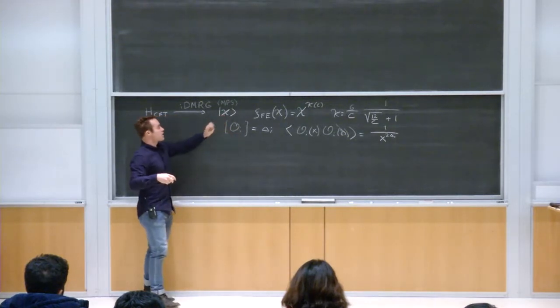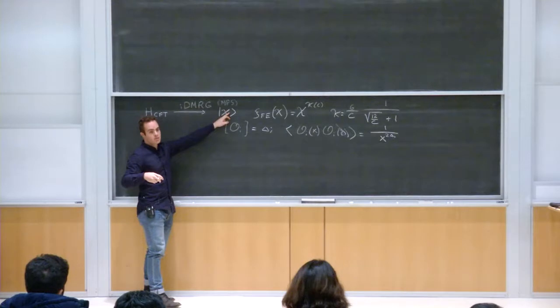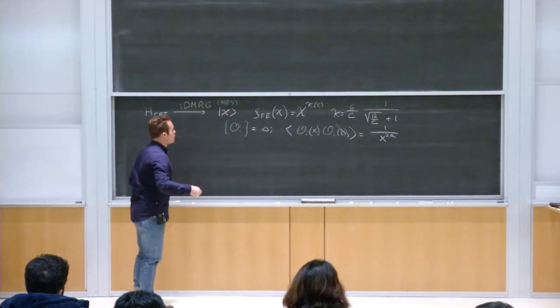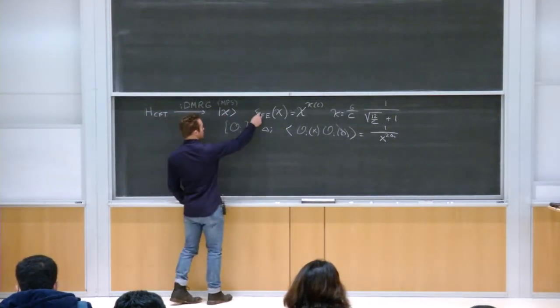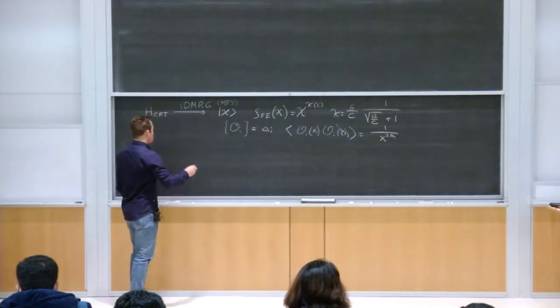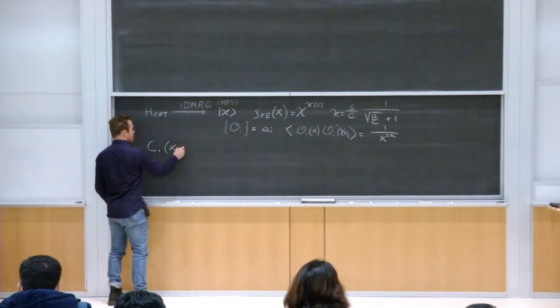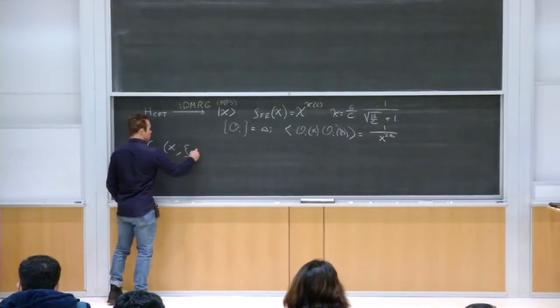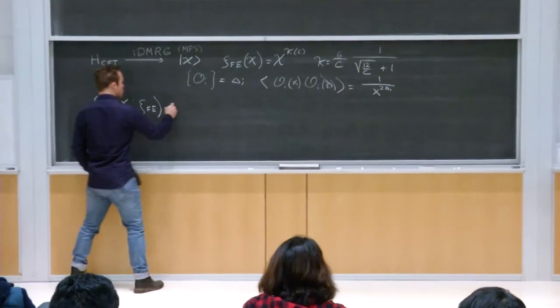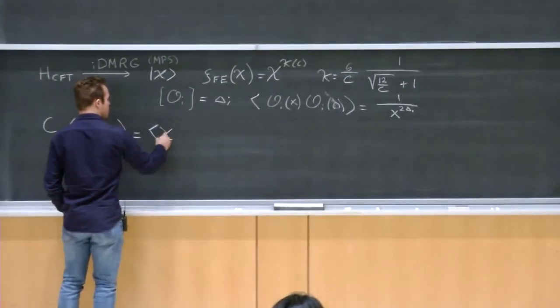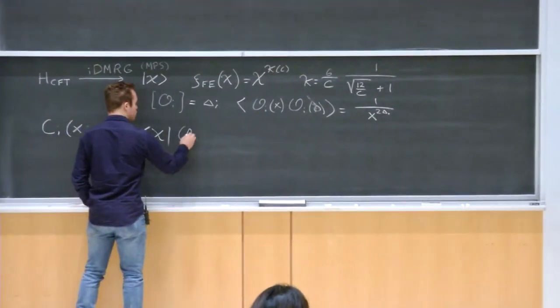The difficulty is I'm not going to be given the exact ground state. I'm going to be given this matrix product state approximation to it. So the useful idea of this finite entanglement scaling is you do the following. Let me define C_i, the correlation function at distance x and finite entanglement scale xi, to be: you take the output at that accuracy and you measure the 2-point function.